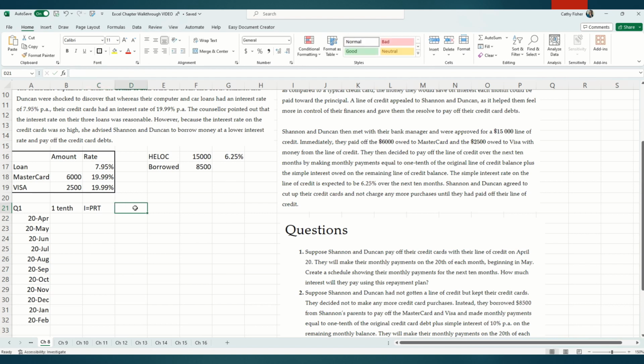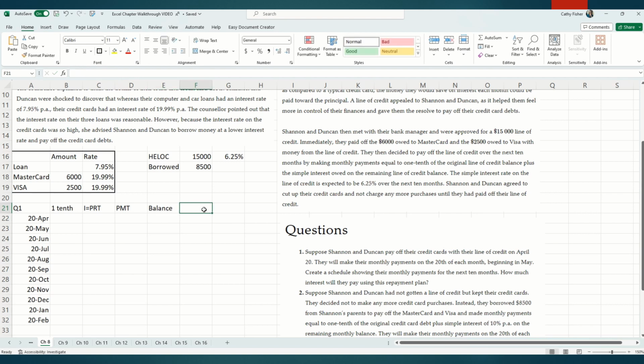And then we're going to find out what the payment actually is going to be. So we'll add those two up. And we will find out how much our outstanding principal is, or outstanding balance. So this is going to be our balance.